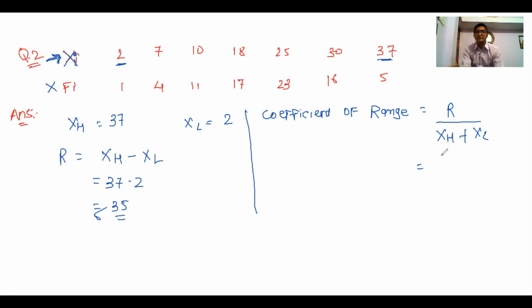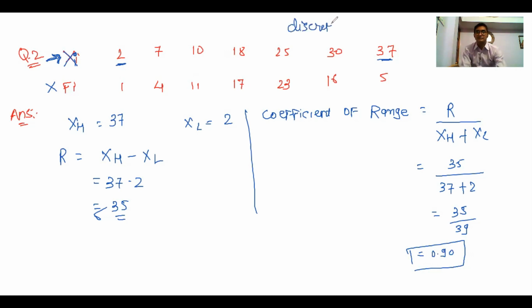Value of R, 35, XH plus XL, 35 divided by 39. So our final answer will be 0.90. That's it. It is called grouped data and discrete variable.